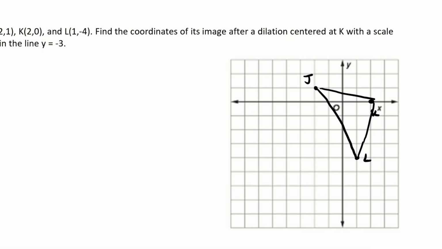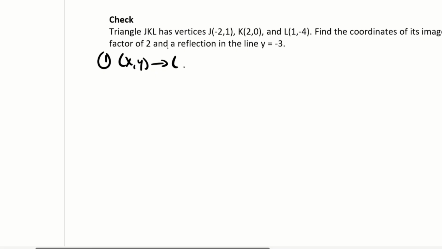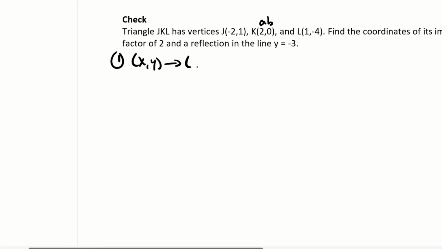So centered at K. So K is 2, 0. So that means this is my A, this is my B. Okay. So if I apply the formula, it's k times, and this is my scale factor. So it's k times x minus a, which is 2, plus a, which is 2, and then 2 times y minus b, which is 0, plus b, which is 0.